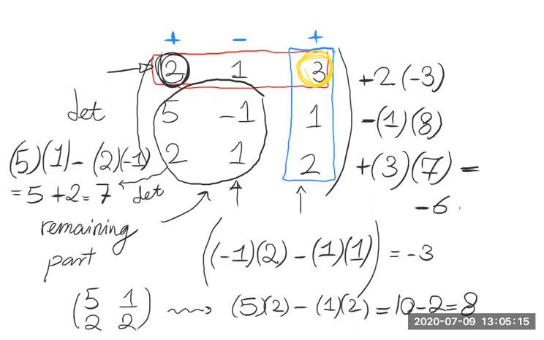There's negative sign there. It would be minus 8. 3 times 7 is 21. What is that? 6 and 8 is 14. It would be 21 minus 14. It's 7. Determinant of this 3 by 3 matrix is 7.